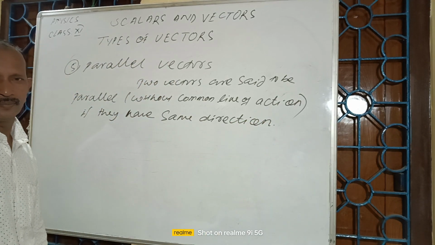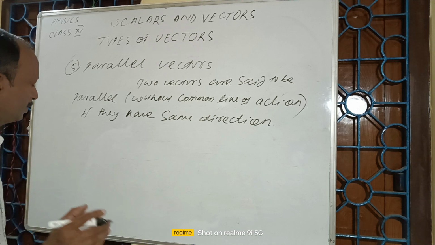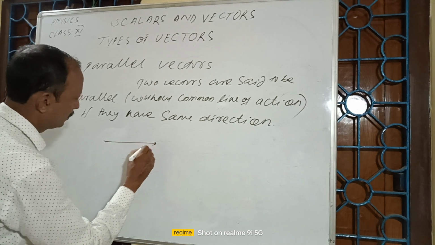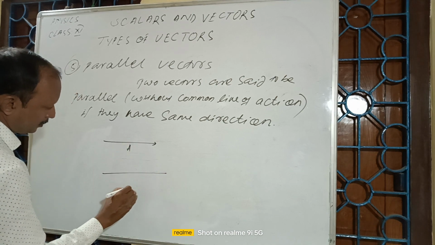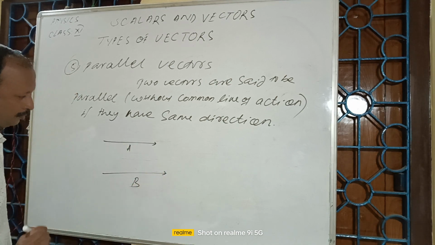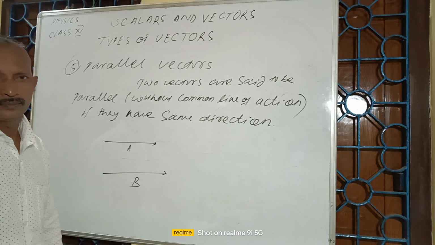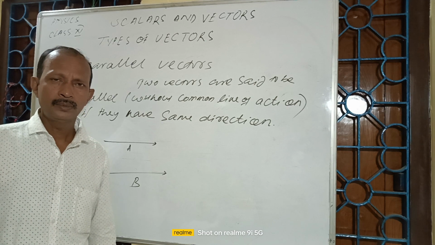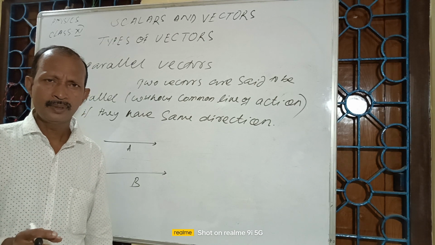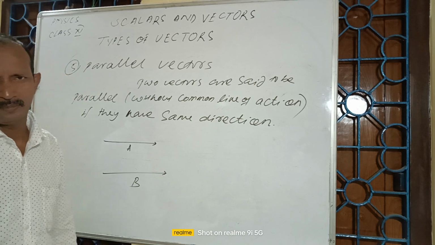that means the angle between them, see that, this is vector A, this is vector B, vector A, vector B, both are parallel. Their magnitude may be the same, may not be the same.